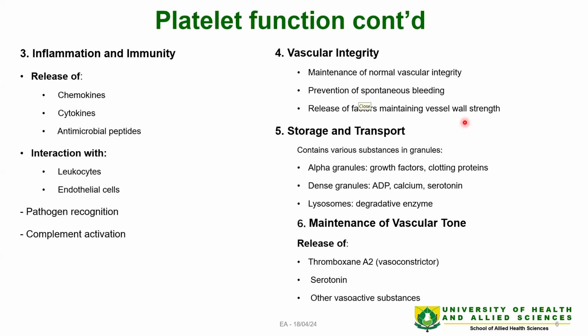Now, platelets also carry a number of things in their granules, so they are involved in storage and transport. Various platelet granules contain varied products which are important for hemostasis and also for maintaining vascular tone, as well as other functions. They have the alpha granules, which contain various growth factors as well as coagulation proteins. They also have the dense granules that contain ADP, calcium, and serotonin.